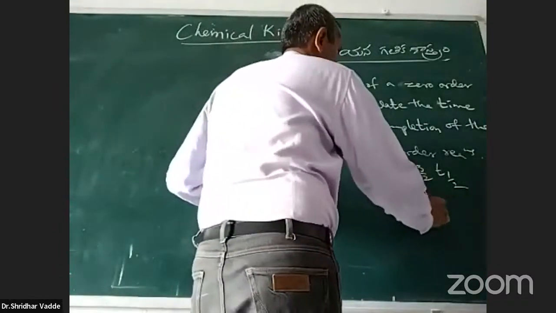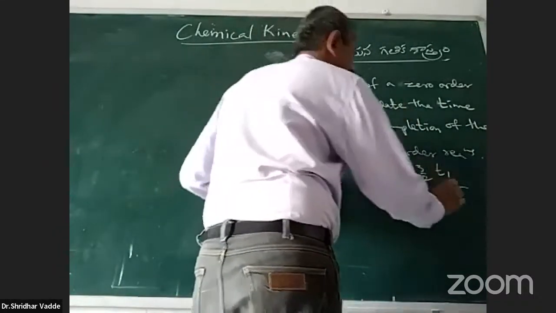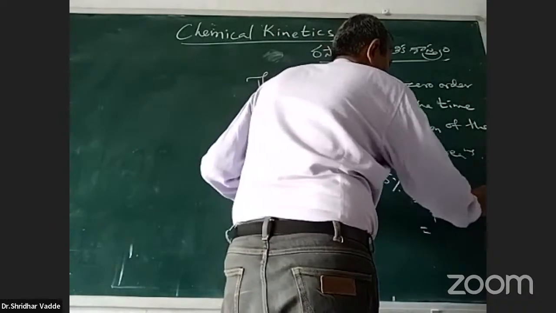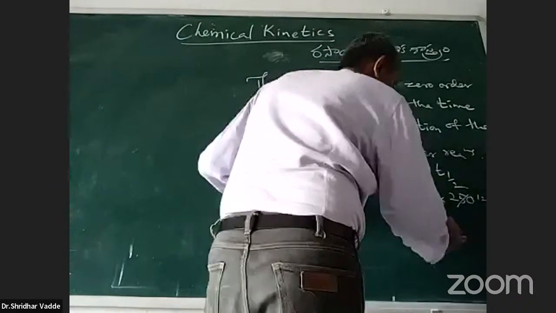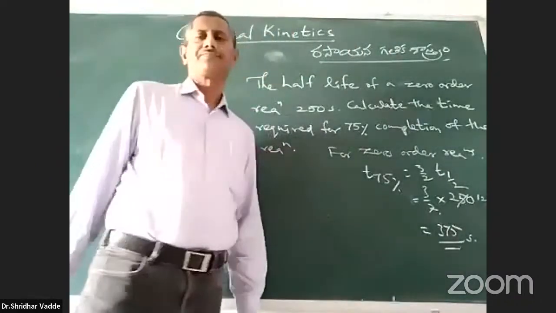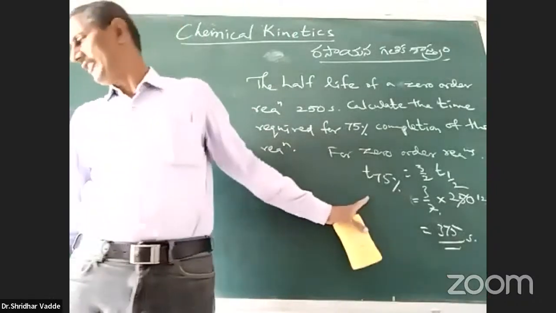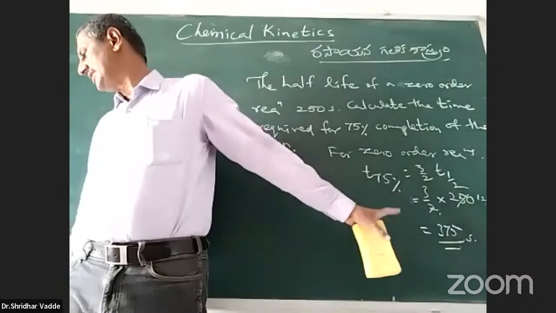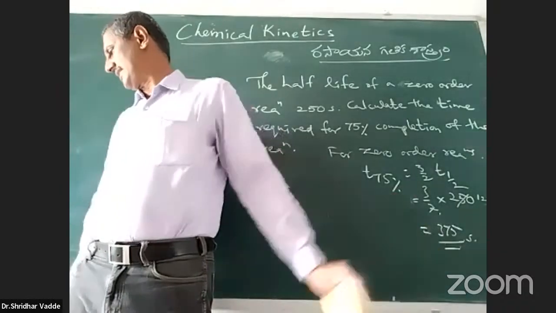This is 3 by 2 into 250, which is 375. So t 75% is equal to 3 by 2 into t half.